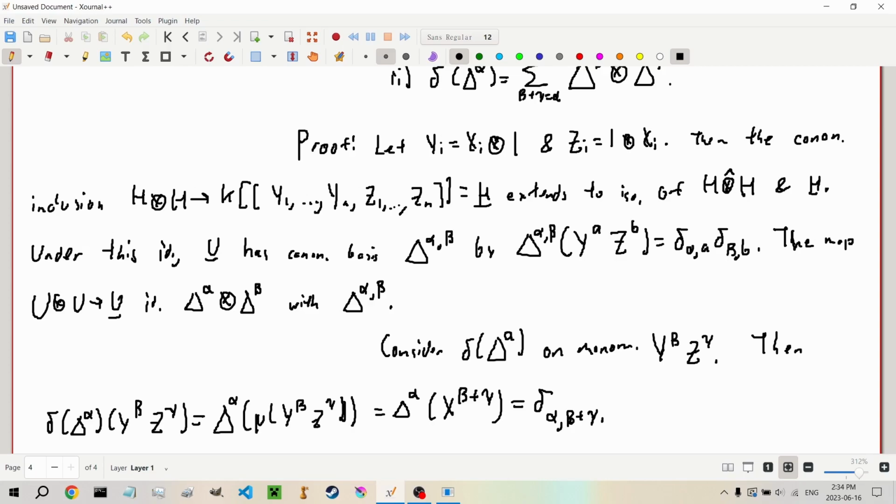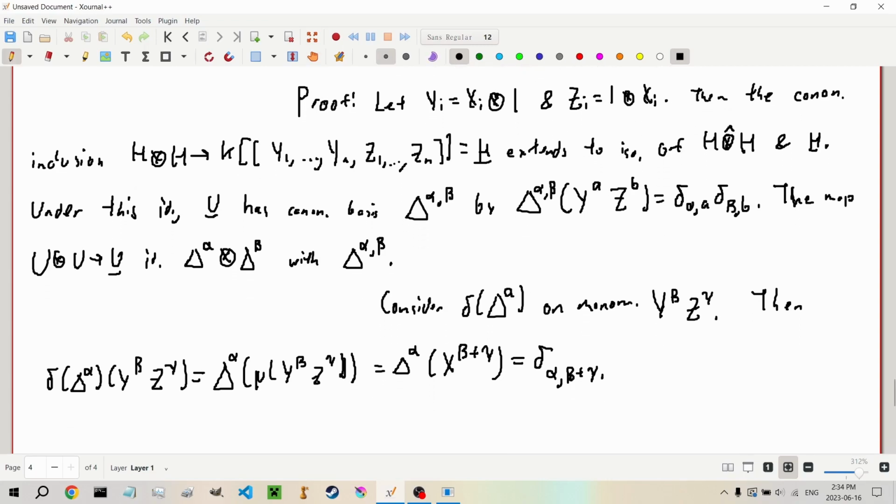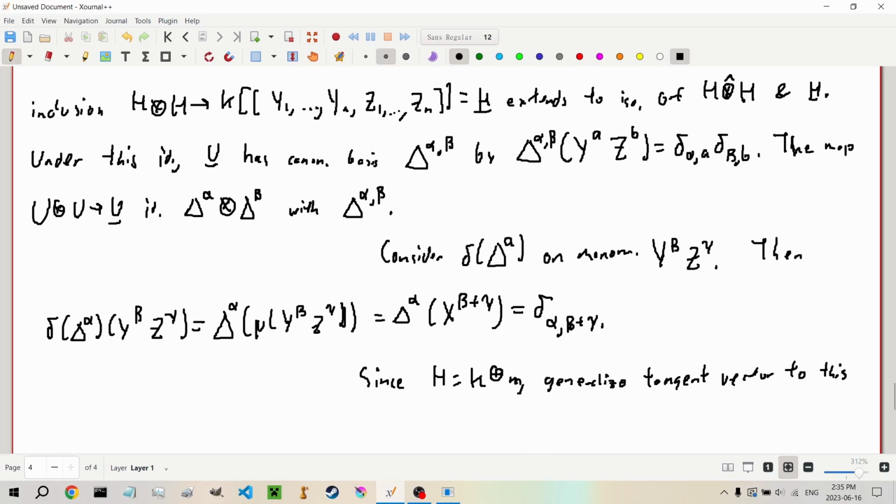We have one more remark, and then we can call it for an episode, where we note that since H is just k, direct sum of k and m, we can generalize the notion of the tangent vector to this algebraic situation.